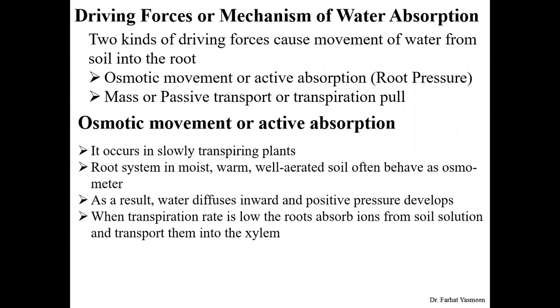First of all, we will discuss the osmotic movement or active absorption. This active absorption basically occurs in slowly transpiring plants when roots are present in moist, warm, well-aerated soil.